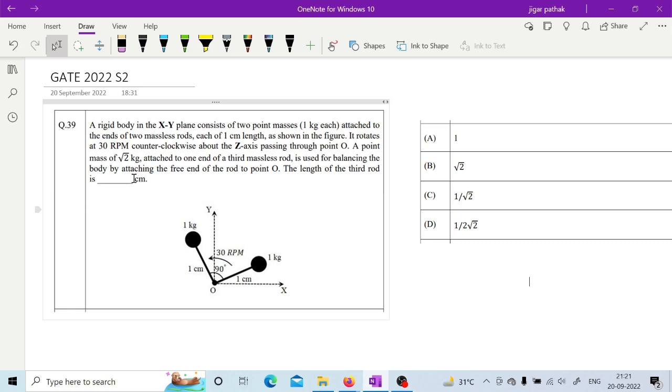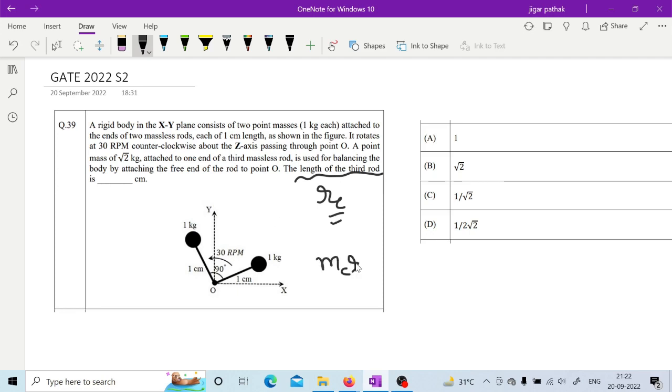So what you are asked is the radius, the length of the third rod. We have to calculate the resultant force. We could get that easily, like the vector method we did. That is also fine. So once you get MCRC, then MC is given as root 2 kg, right?